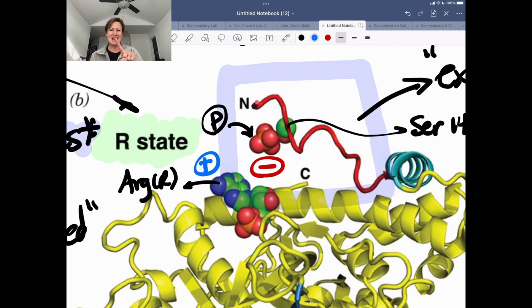So when we create this negative charge by phosphorylating that serine residue, not only do we not want to bury it, so it wants to be exposed, but we can lock it in with interactions with this arginine residue here. So phosphorylation is going to lock us into an R state, which means we are conducive to binding and doing chemistry on our substrate.